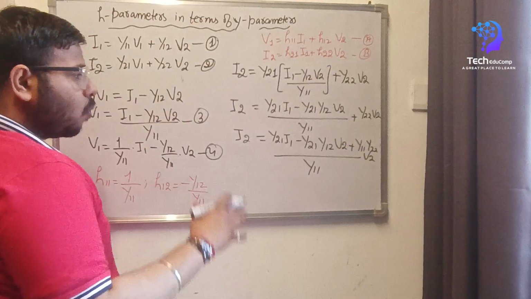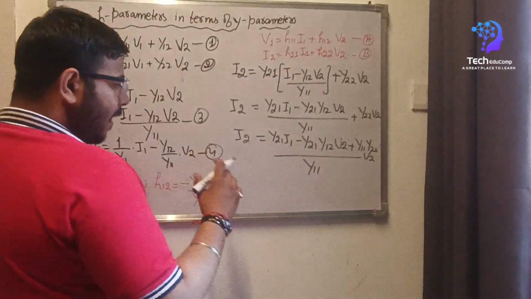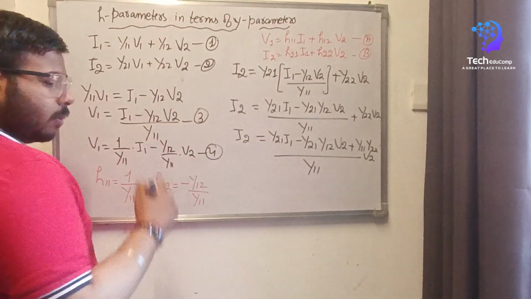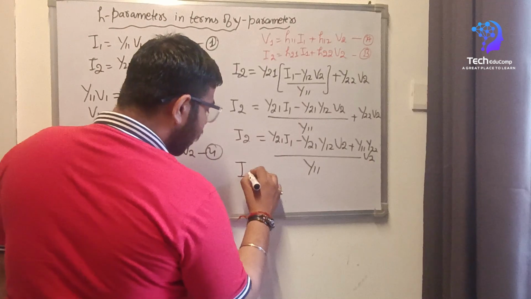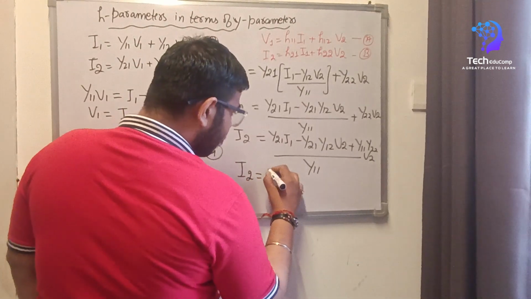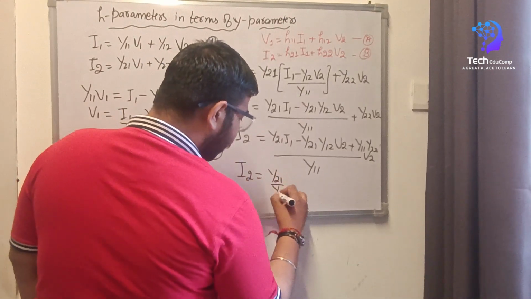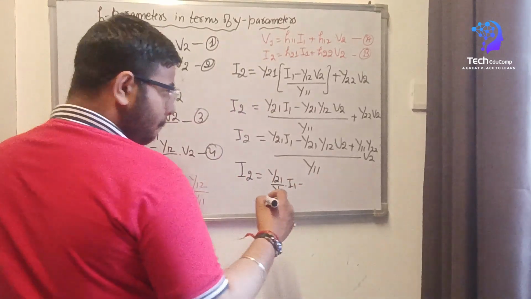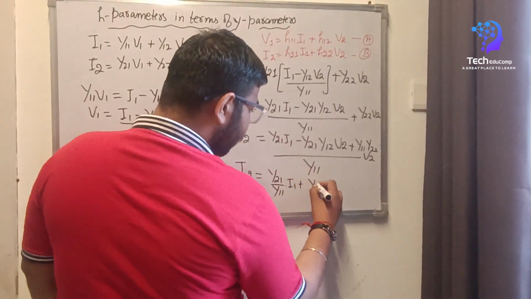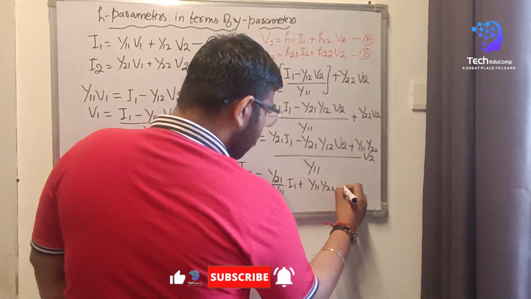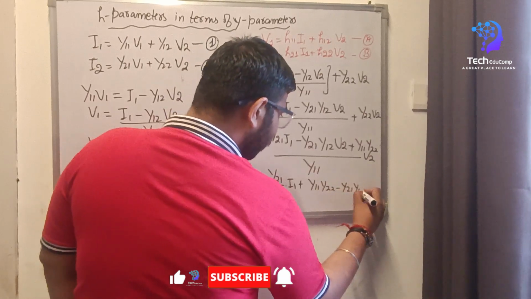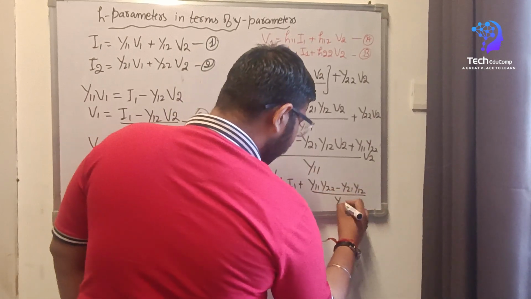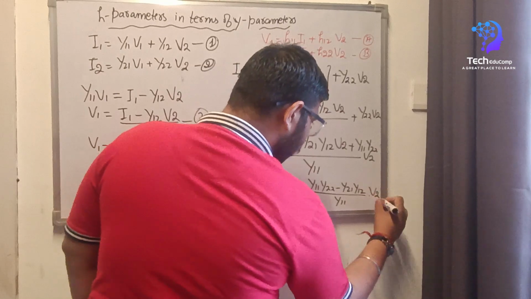And now just take y2 common and simplify it, just as equation number 4. We will get I2 equal to y21 upon y11 into I1 minus, or you can say plus, y11 into y22 minus y21 into y12 divided by y11 into V2.